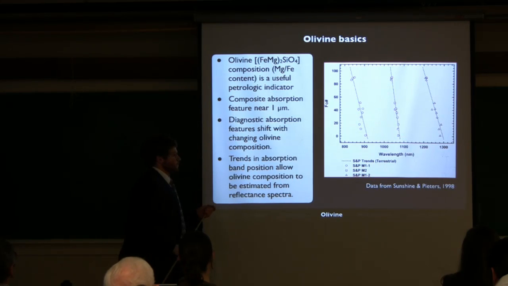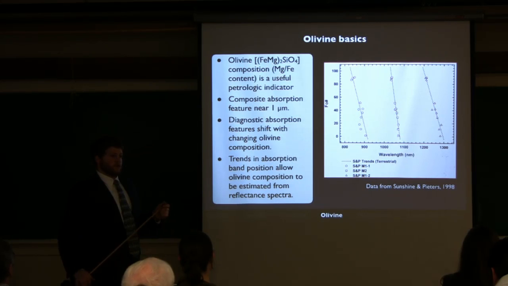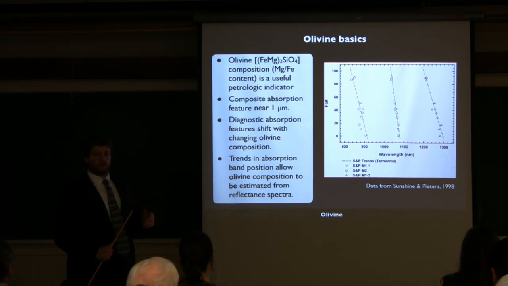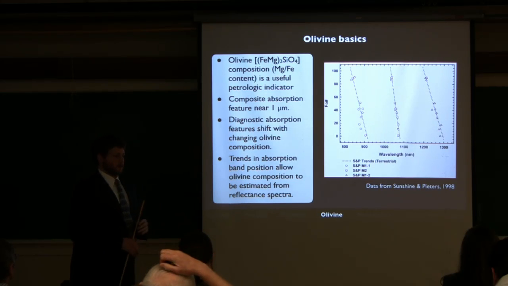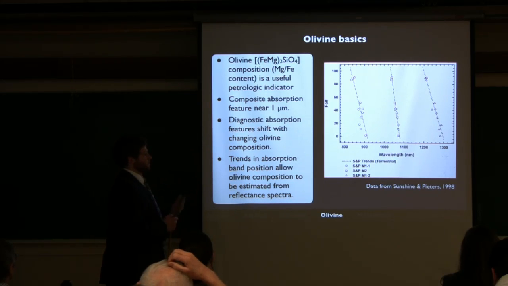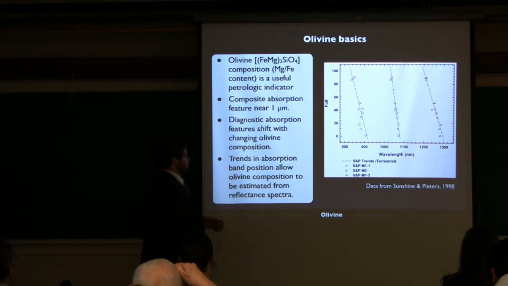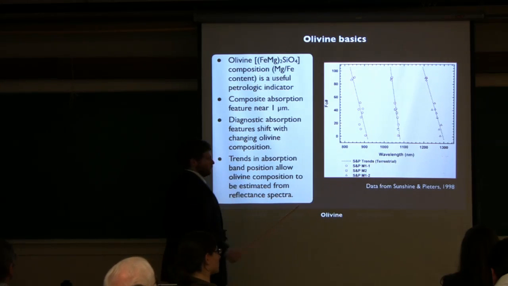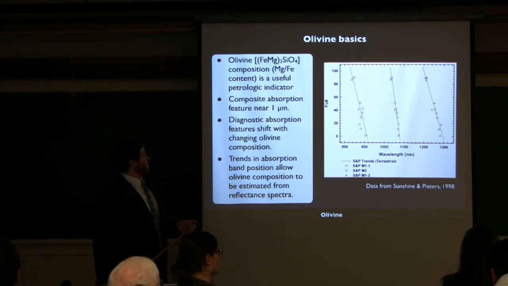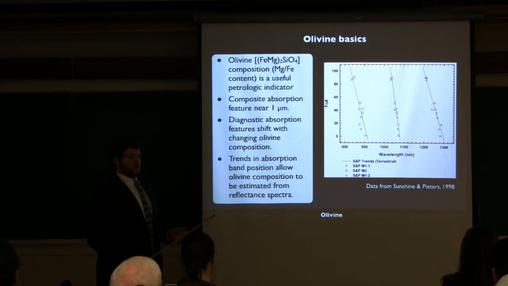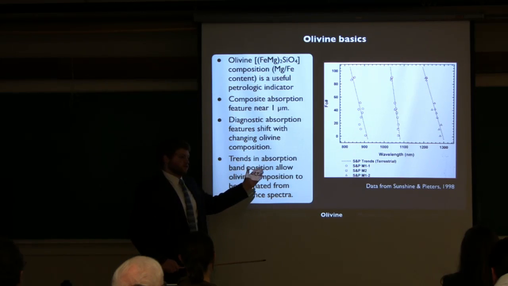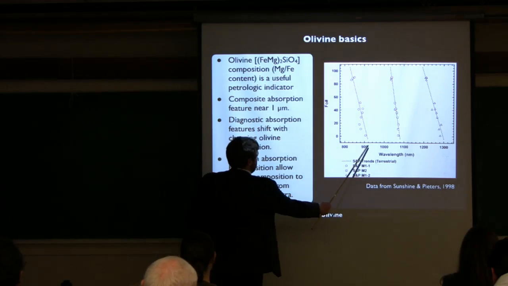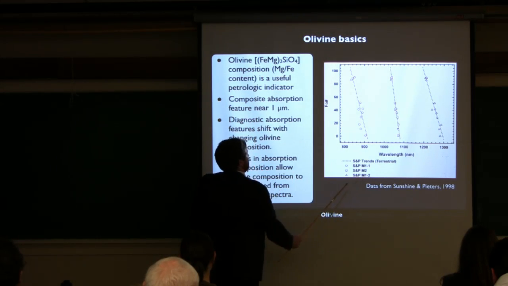Furthermore, olivine reflectance spectra can be used to infer the composition. When I say composition, I mean magnesium to iron content. I'm not talking about nickel or chrome or anything like that. Just major element, magnesium iron. I'm showing you these 3 composite absorption features. This is work that Jessica Sunshine did, and she deconvolved a suite of olivine spectra into these component absorptions, and plotted this trend of absorption feature position against composition.